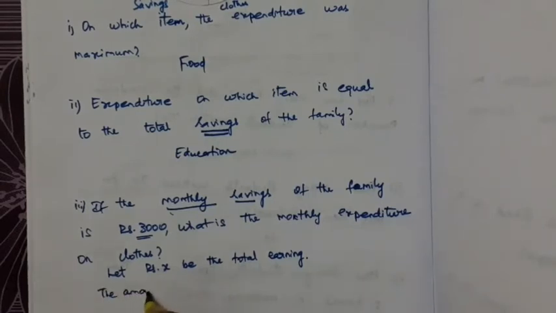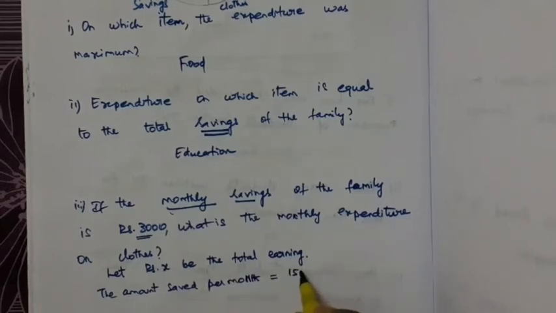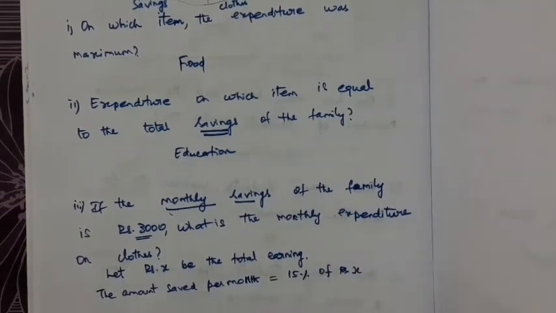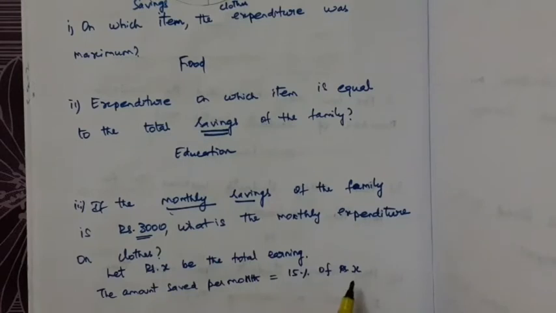The amount saved per month, that is 15% of rupees X. Okay, they are earning a total of rupees X per month. Out of the rupees X, they are saving 15%. So what is that equal to? Rupees 3000.